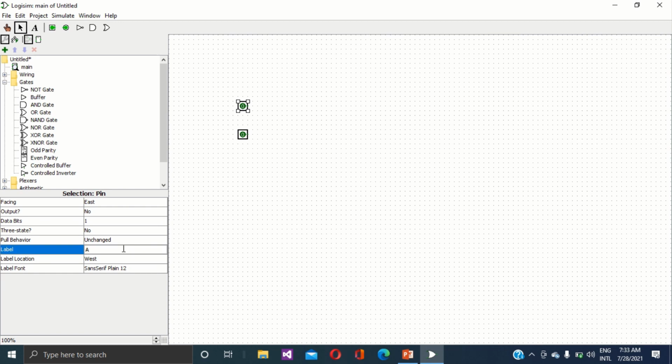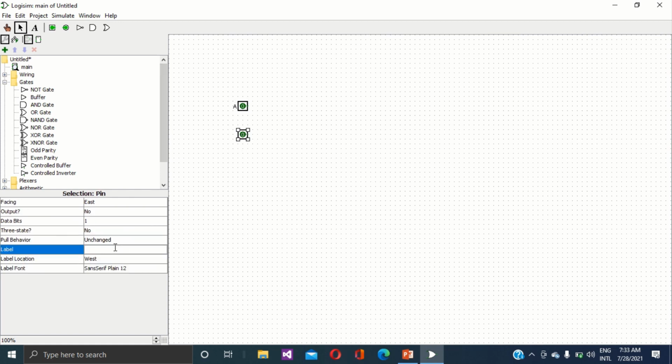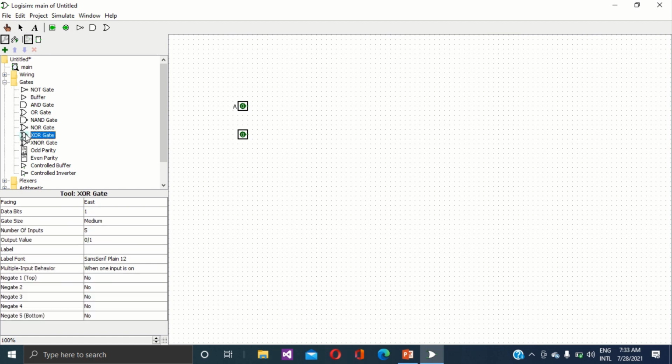This is input A. Another one is input B. Now I want to use an XOR gate, so I am going to the gate option and selecting the XOR gate. After that I want one AND gate. Now I am going to select the AND gate.